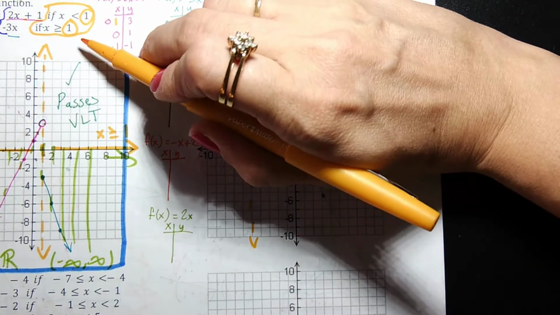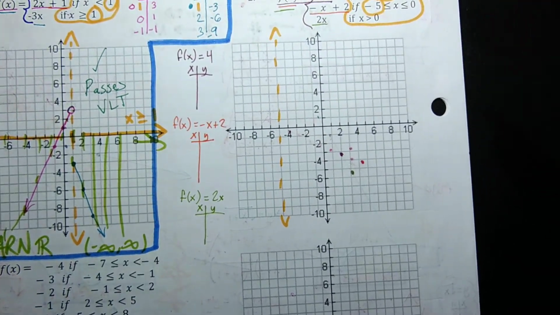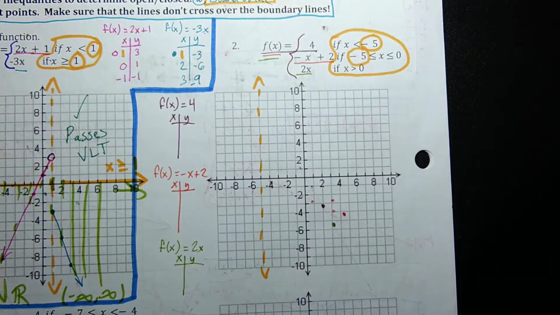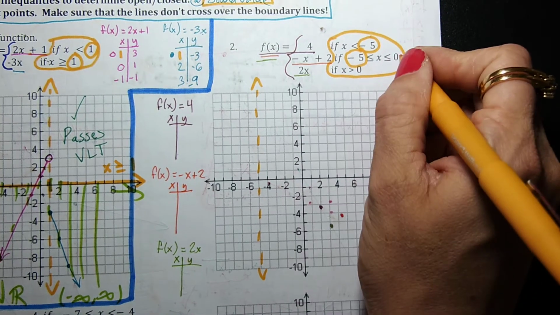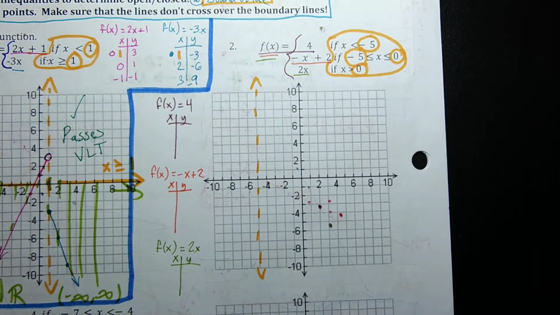Just like we had 1 and 1 over here and got 1 line, we've got -5 and -5 over here for 1 line. That shows me where my function is going to stop being the maroon piece and start being the orange piece. And then I've got this guy and this guy. This means we are going to have another bound line at 0.